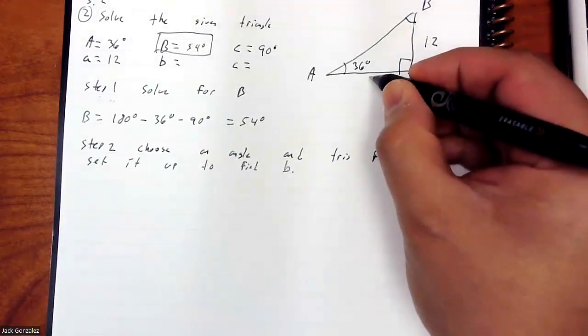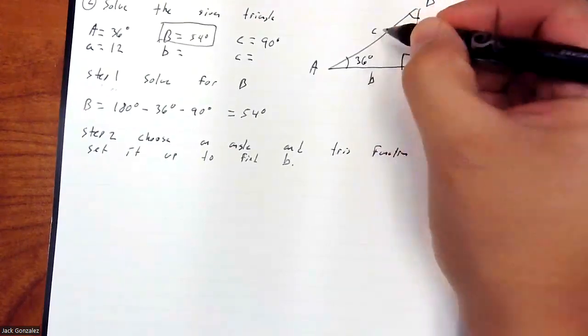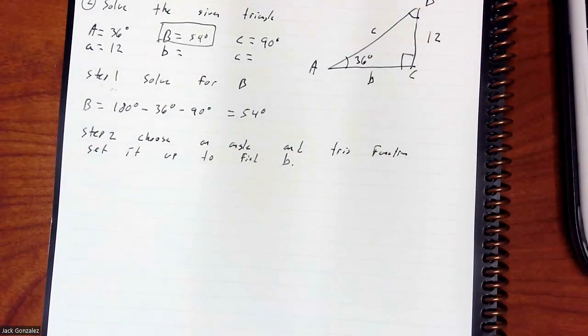B is right here, right? I'm not going to tell you on the test, you got to be able to choose. Think about it.